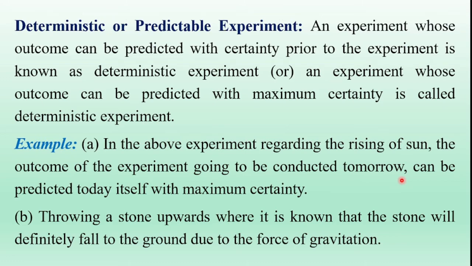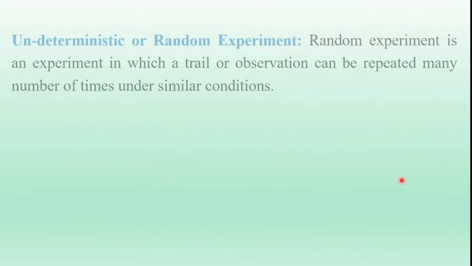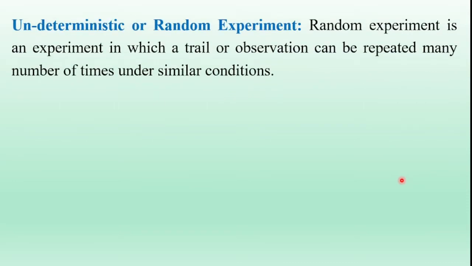And the next one is undeterministic experiment or random experiment. What is a deterministic experiment? An experiment whose outcome can be predicted with maximum certainty. And what is a non-deterministic experiment? A random experiment cannot be predicted. The outcome of a random experiment cannot be predicted with certainty.